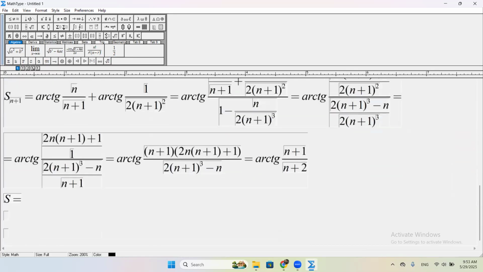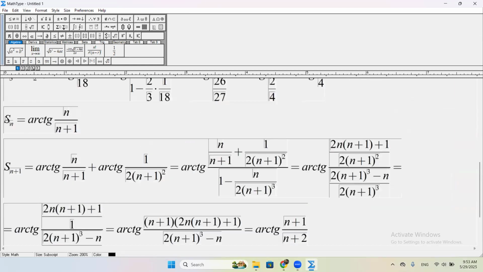And how to calculate the sum of the series? We will just calculate the limit of the partial sum.